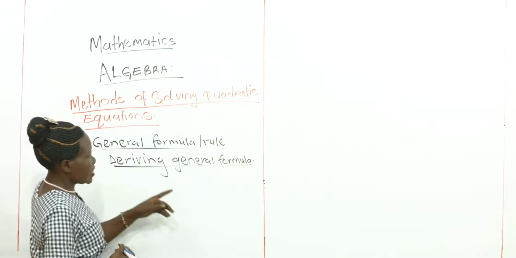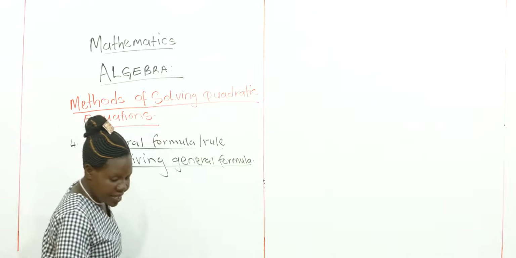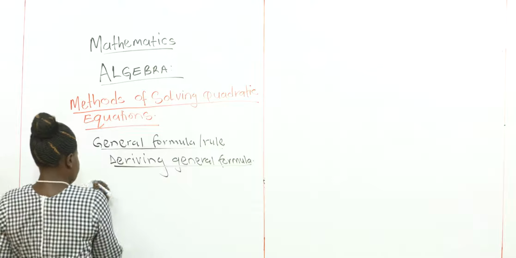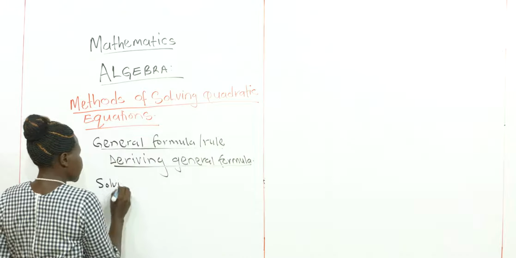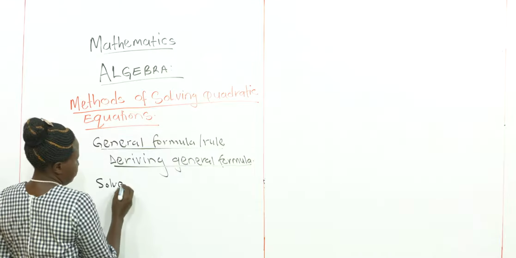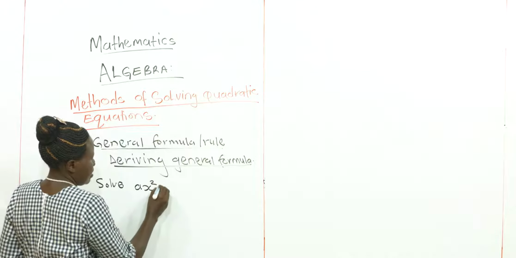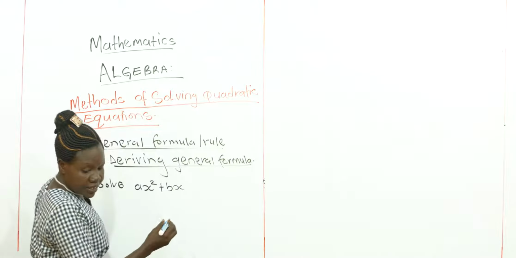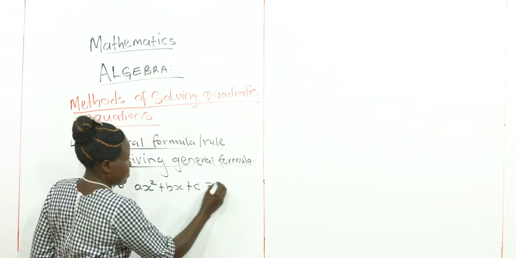So when you are asked to derive the general method, look at this question. They say solve a x square plus b x plus c equals 0.